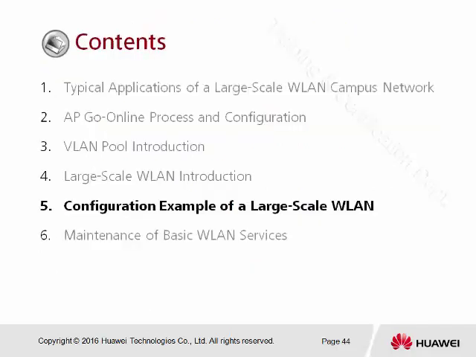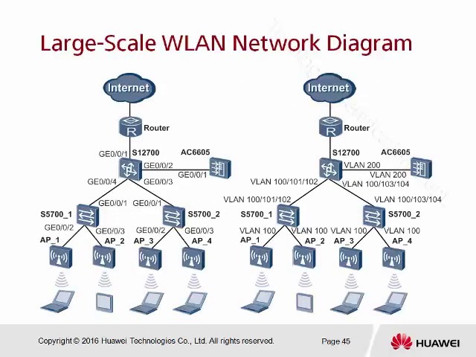Just now was the introduction for the WLAN. Now we go into the configuration example. You can see the picture over here. They have a before and after, showing how we set up the design for the network diagram. Here they have one router and a few pieces of equipment. Let us see the difference.